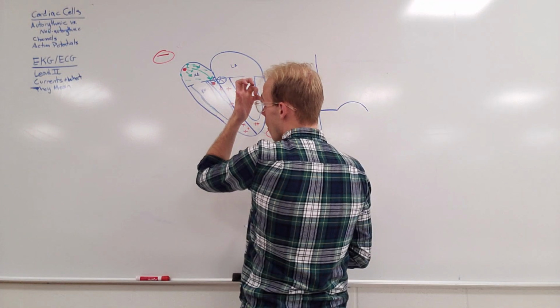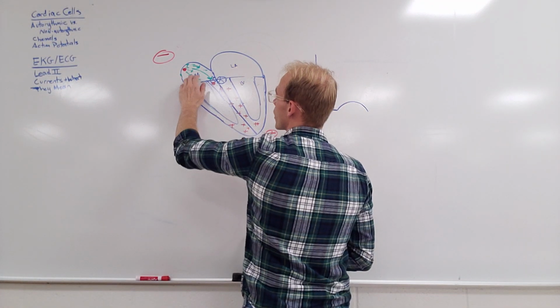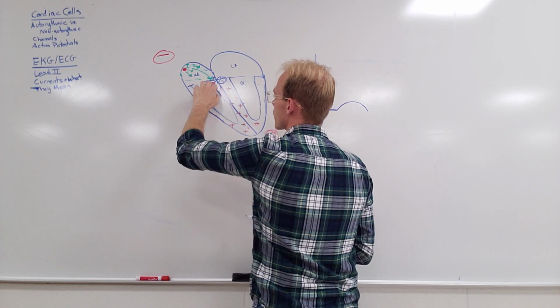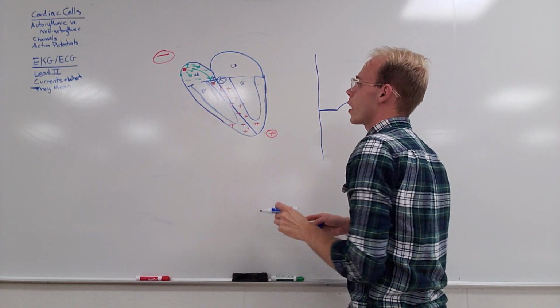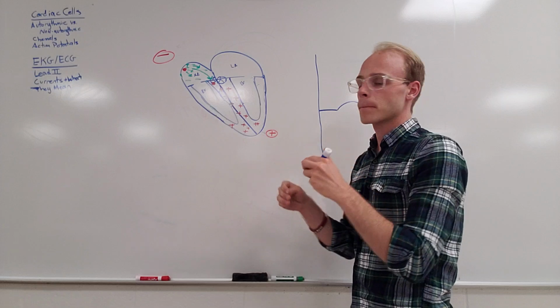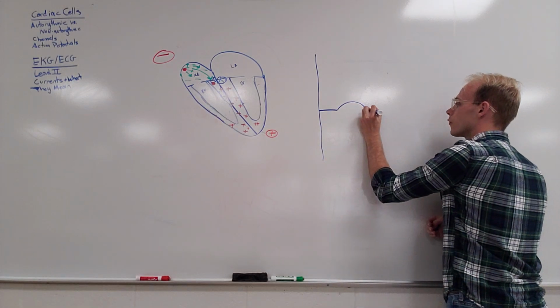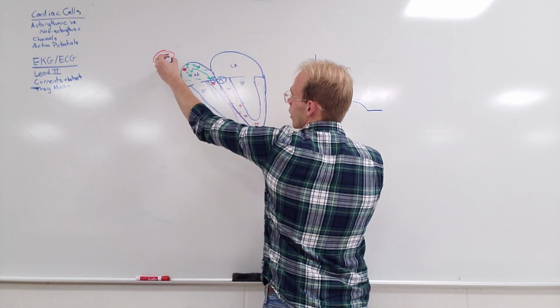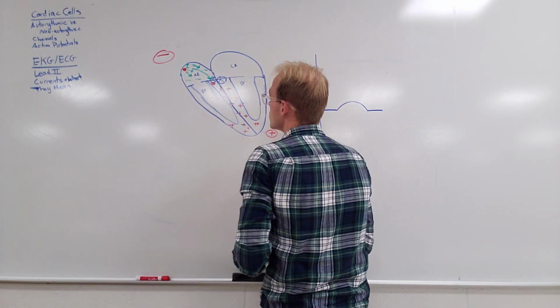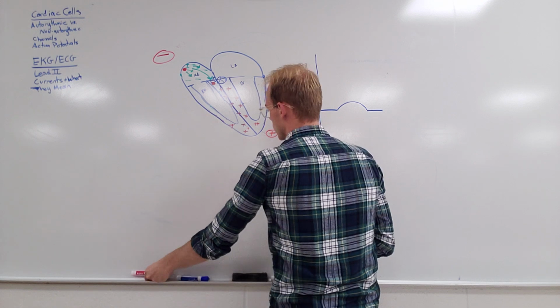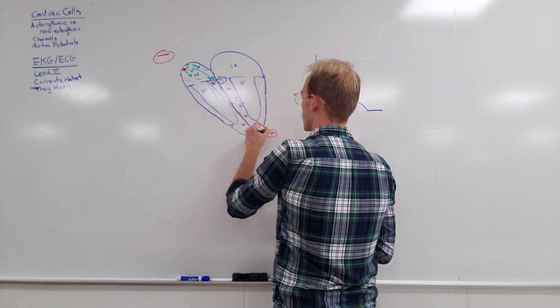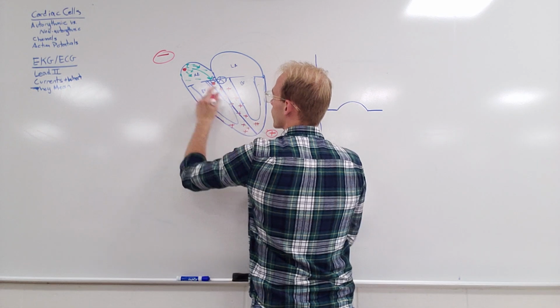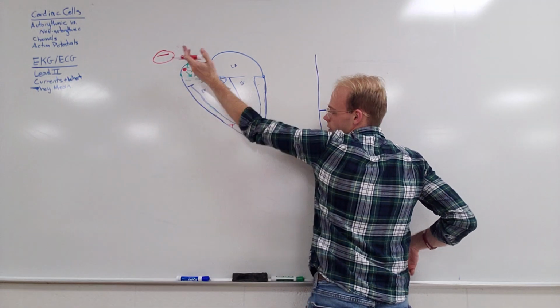And then what happens, this repolarizes, and the AV node holds it for a while, and it just kind of sits there. And so then we have another flat line. Just imagine I've got some kind of line between here and here, some kind of axis.